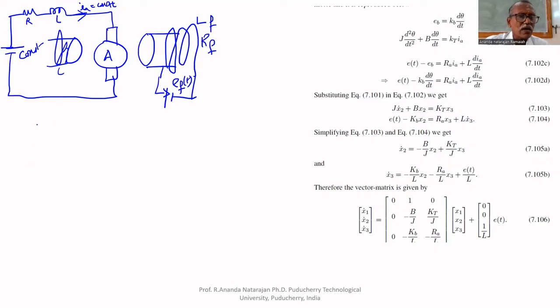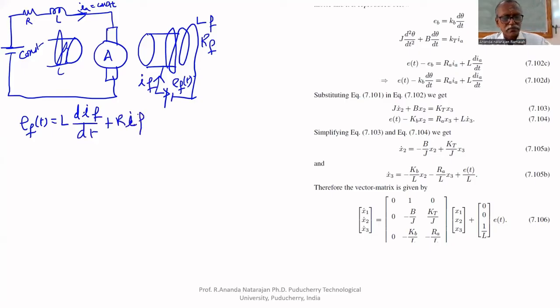So the equations are, the electrical equation is E field of T equal to L F dIF by dt plus RF IF. Current through this is IF, the field current. It is controlled by field. There is no back EMF here.